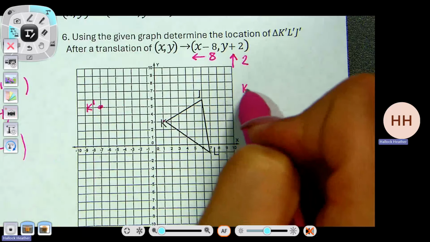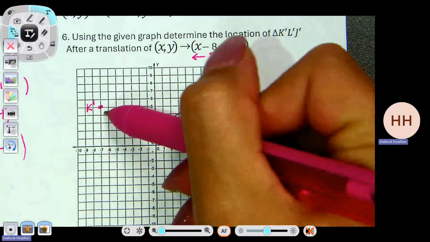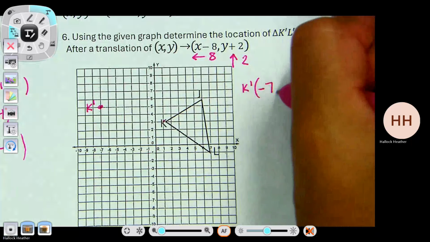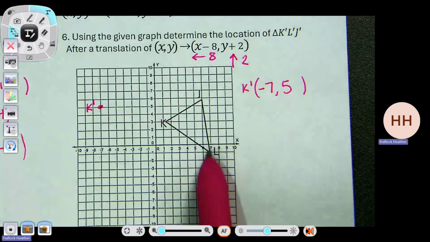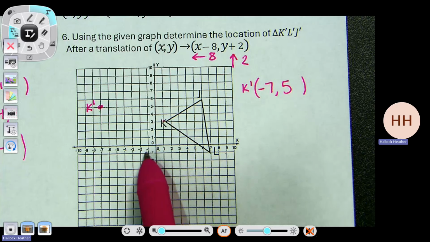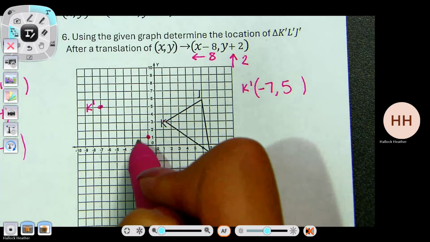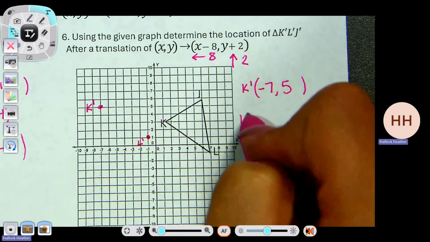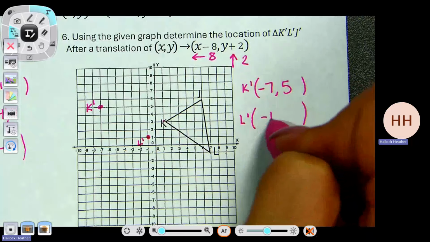So K prime is at -7, 5. Let's do L next. L is right here. I have to go left 8. 1, 2, 3, 4, 5, 6, 7, 8, and up 2. L prime is at -1, +1.